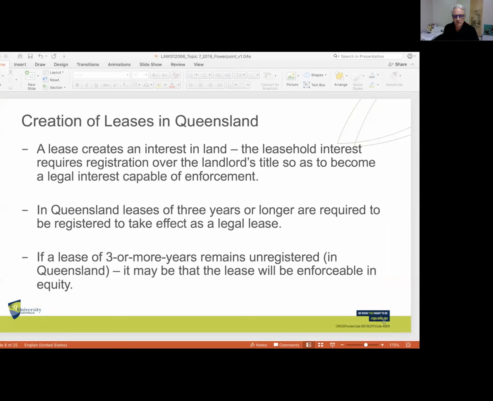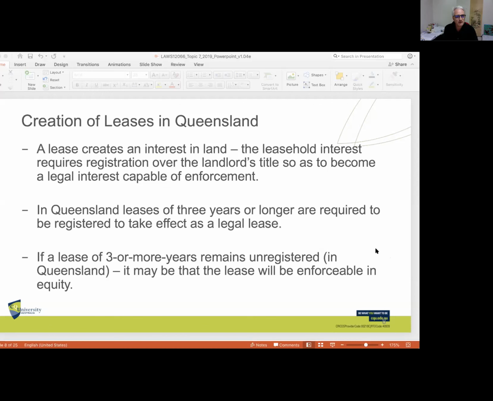Here we're really looking at how a lease can come into being, and also, in a sense, some of the formal requirements. We've seen this idea of formal requirements before. Again, if we go back to the Term 1 unit, we saw formal requirements with regard to dealing with interests in land, requirements for writing and so on.